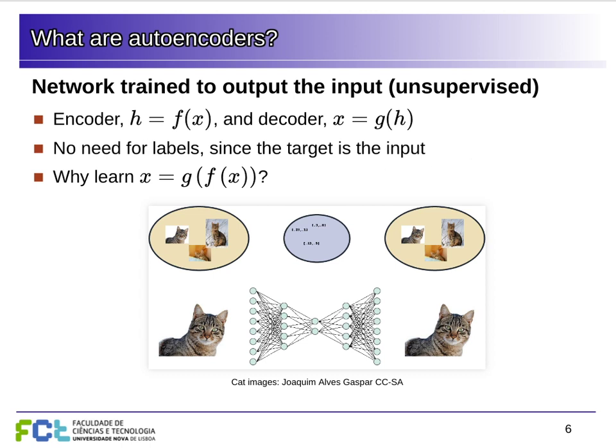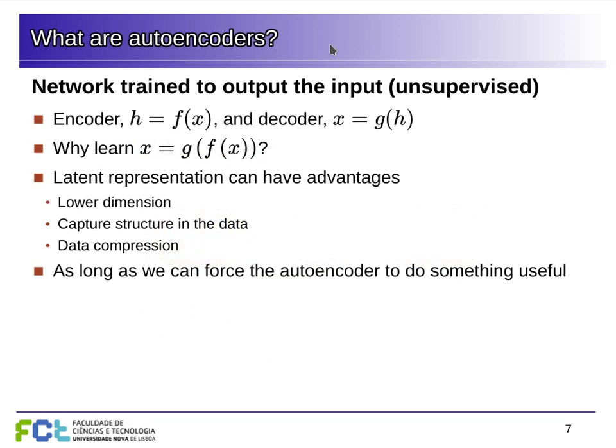The question is, why should we want to train a network to give us back exactly what we put into the network? So this is the tricky part here, that this can be useful if we force the autoencoder to do something we can use in that internal representation. So that latent space has some properties that we would like to have.